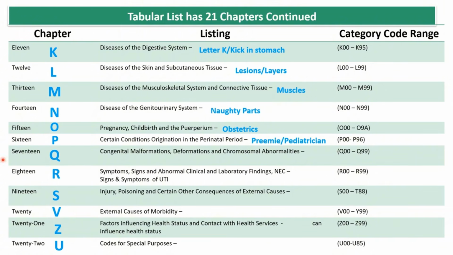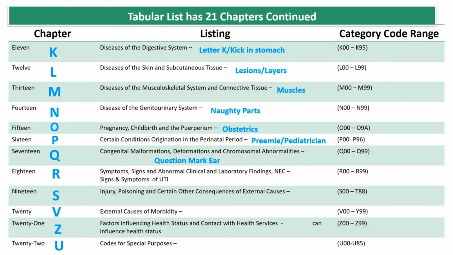All right. Chapter 17, congenital malformations, deformations, and chromosomal abnormalities. This is where you'll find all of those conditions, and these conditions begin with the letter Q, Q00 through Q99. An example of a Q condition is question mark ear.